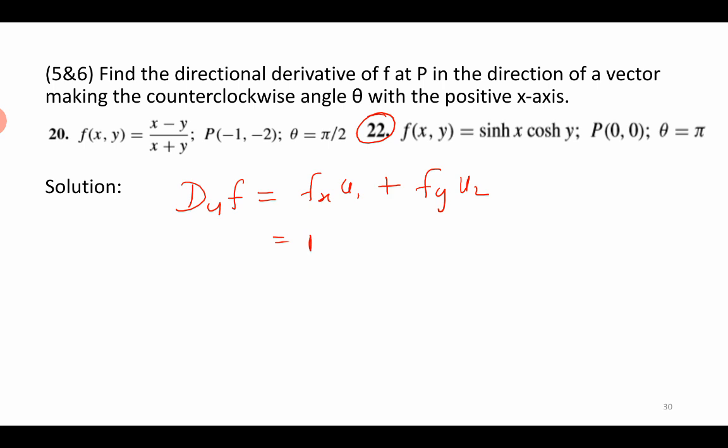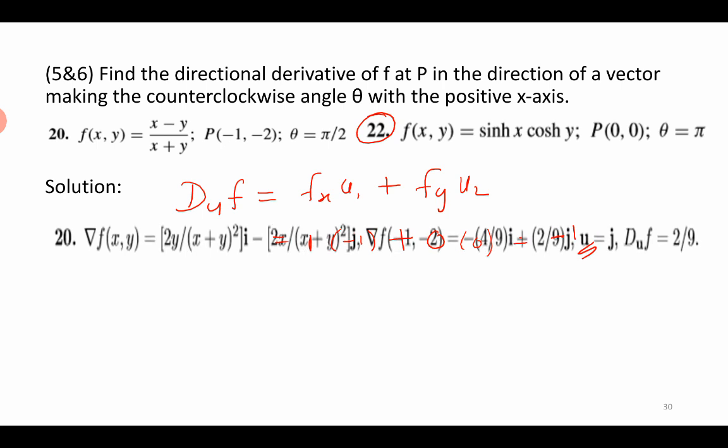Fx is 1 and u1 is negative 1, plus fy is 0 and u2 is also 0. Thus the answer is negative 1. That is it. That's the end of this problem.